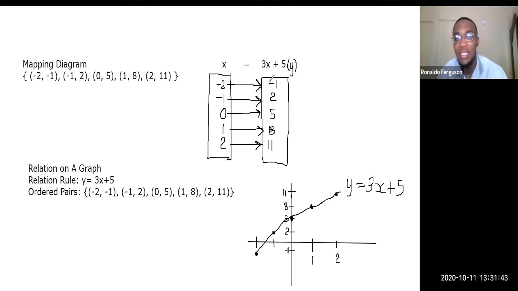So -2 maps to -1, -1 maps to 2, 0 maps to 5, 1 maps to 8, and 2 maps to 11. So each element in the domain maps to only one and only one element in the range. And so that is a one-to-one relation. And a one-to-one relation is a function because it satisfies the criteria to be a function.